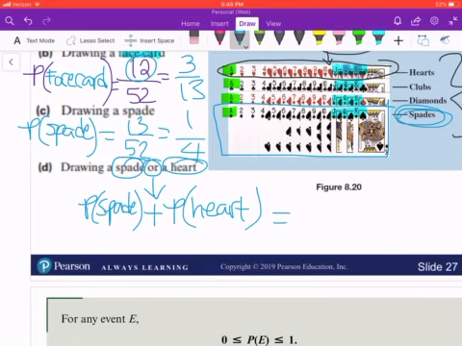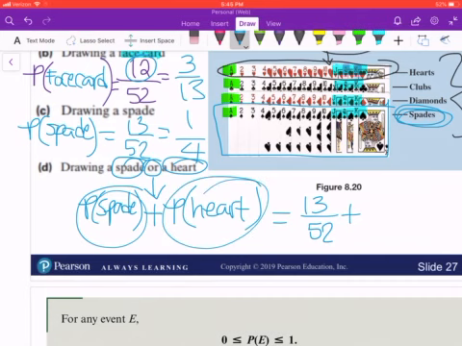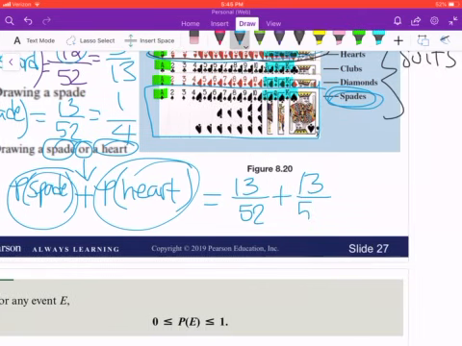For this one, we do not have to subtract the intersection because there is no intersection. The intersection is just 0. So the probability of drawing a spade is 13 out of 52. And the probability of drawing a heart is also 13 out of 52 because there are 13 cards with the same suit, a heart.